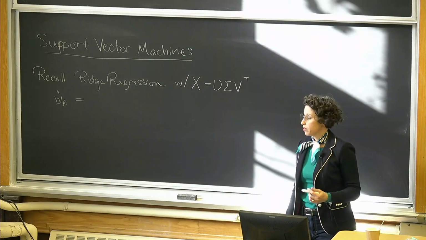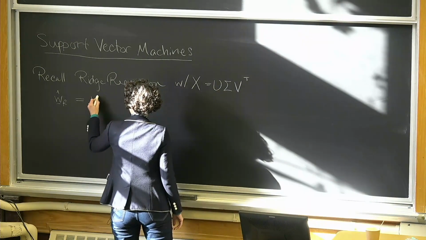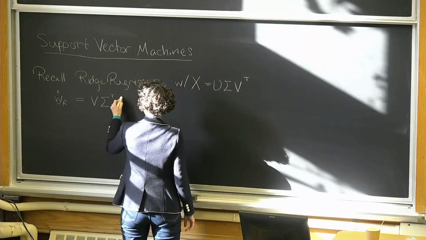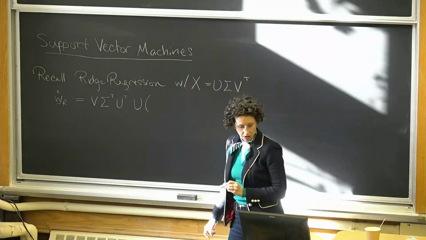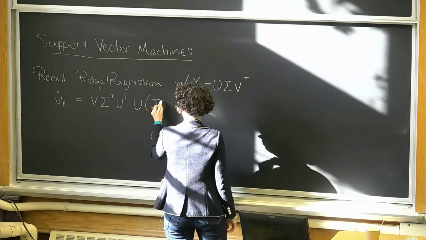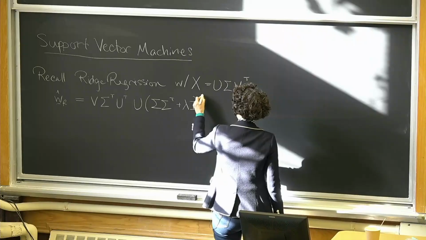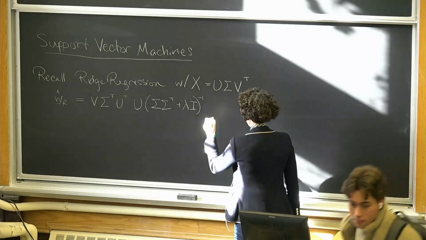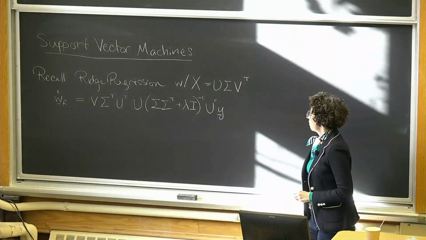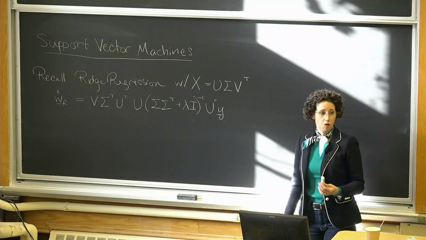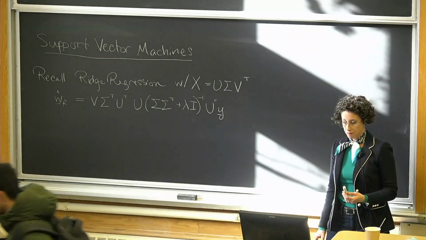And then we can write the ridge regression weight vector as V sigma transpose U transpose times U sigma transpose plus lambda identity inverse times U transpose Y. So this was the form that we derived at the end of class last week.